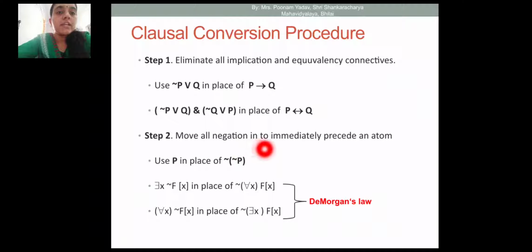Then move all the negations to immediately precede an atom, so we use p in place of negation of negation of p. For example, negation of for all x f(x) becomes there exists x not f(x). After negation, for all becomes there exists, and there exists becomes for all.